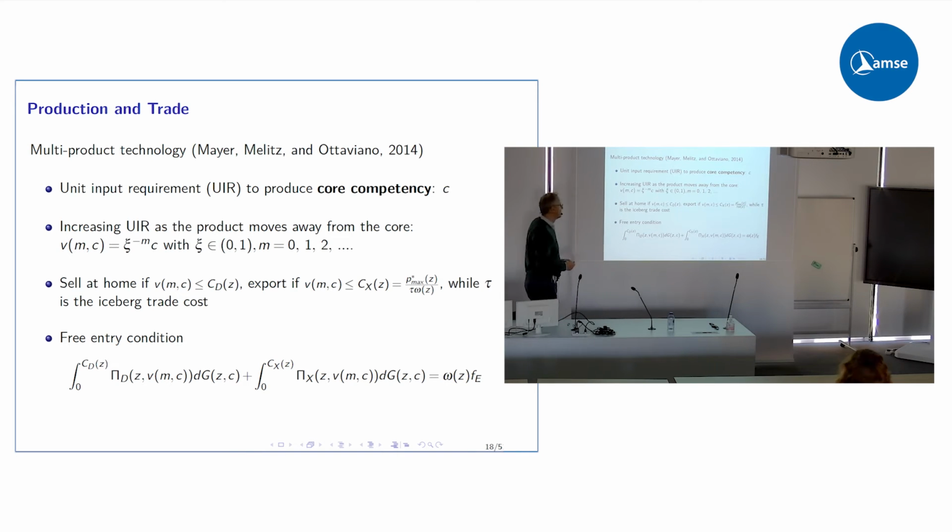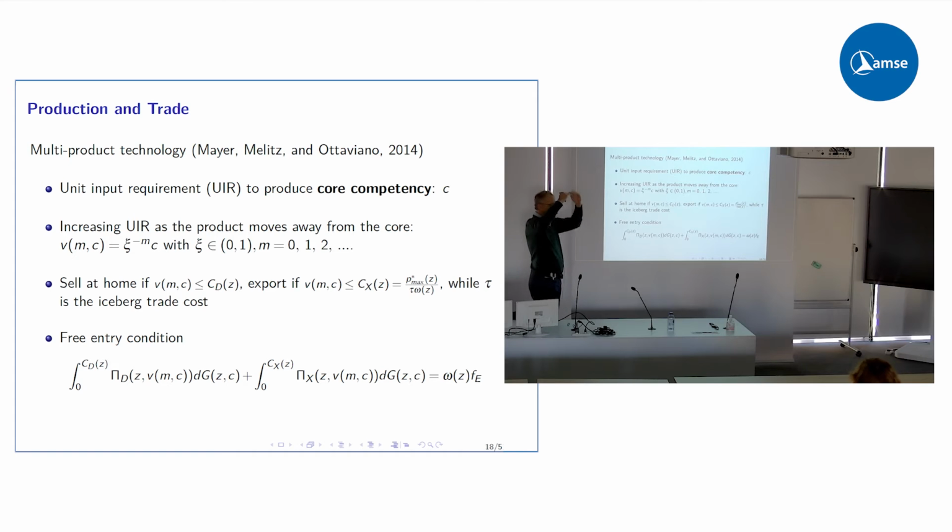It will be able to sell a product only if its marginal cost of production, well, here the unit input requirement, is low enough with respect to some endogenous cutoff. Why is there an endogenous cutoff? Because we said that these demands cross the vertical axis.